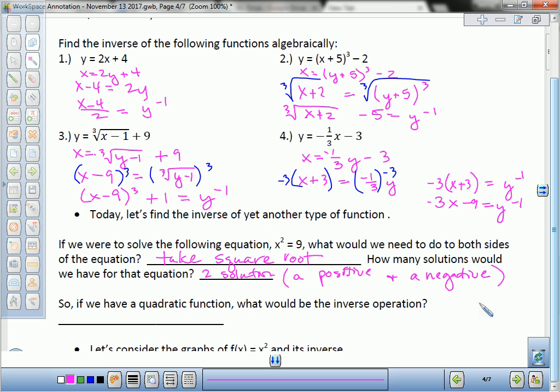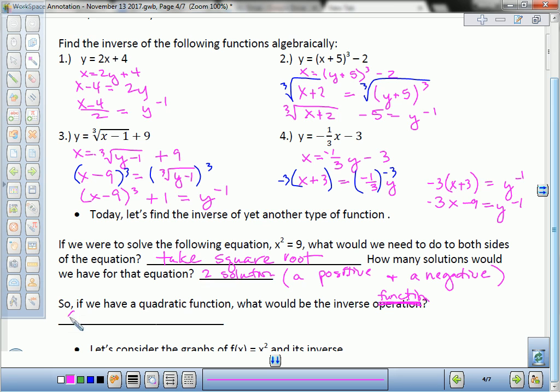Okay, and the other day we looked at how taking the square root of a square kind of ends up giving us the absolute value function. Do y'all remember that? That we looked at that the other day. So that was pretty interesting. So if we had a quadratic function, instead of the inverse operation, we should say, what would the inverse function look like?